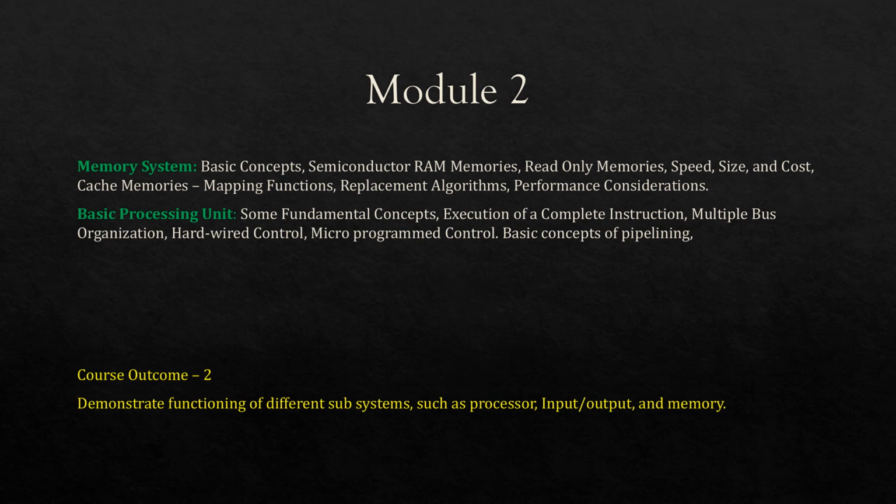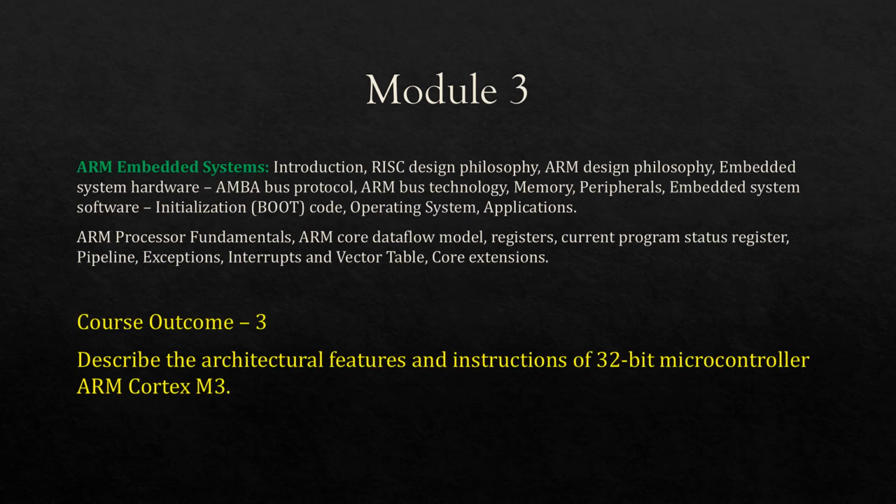Coming to Module 3, it is based on ARM embedded systems. The first two modules deal with computer organization. Modules 3, 4 and 5 are based on ARM embedded system. In ARM embedded system, the introduction covers what is the RISC design philosophy? What do you mean by ARM design philosophy?